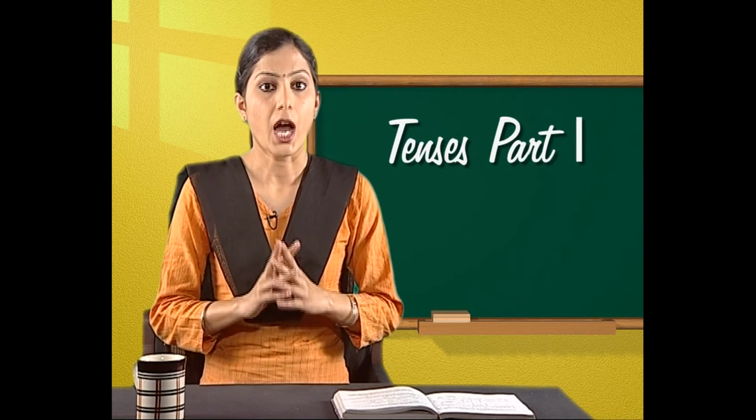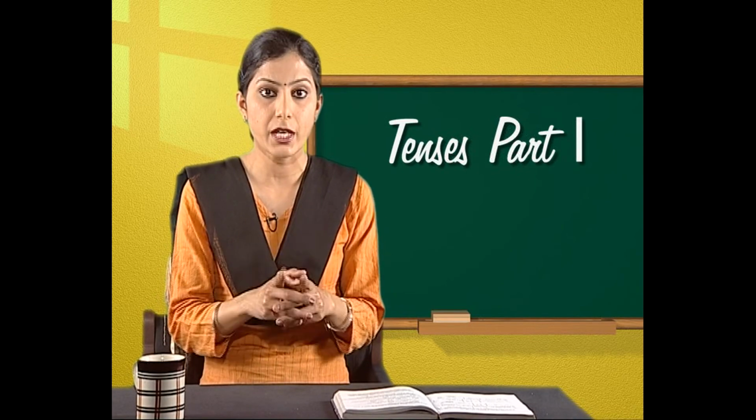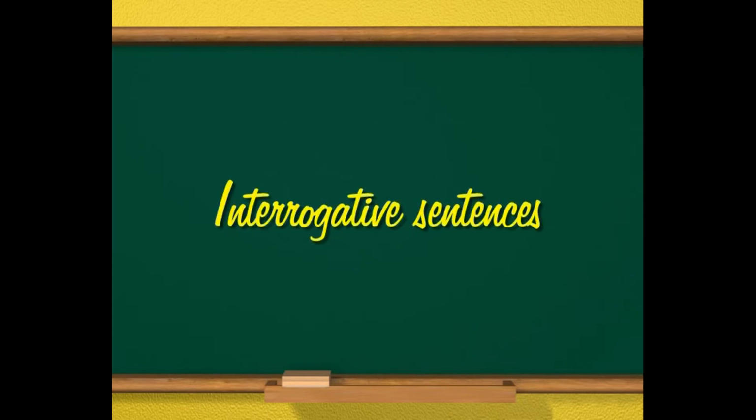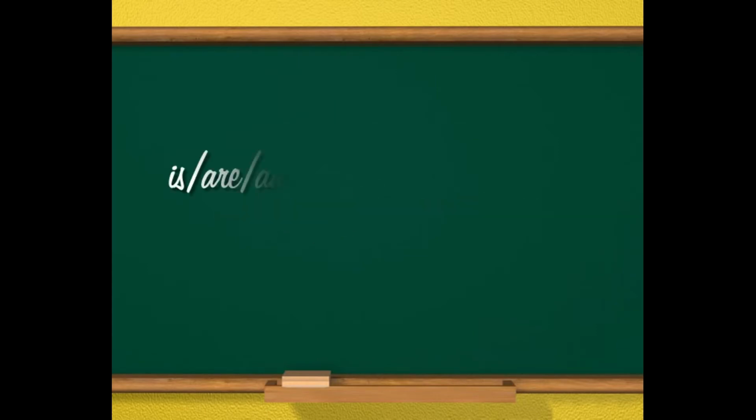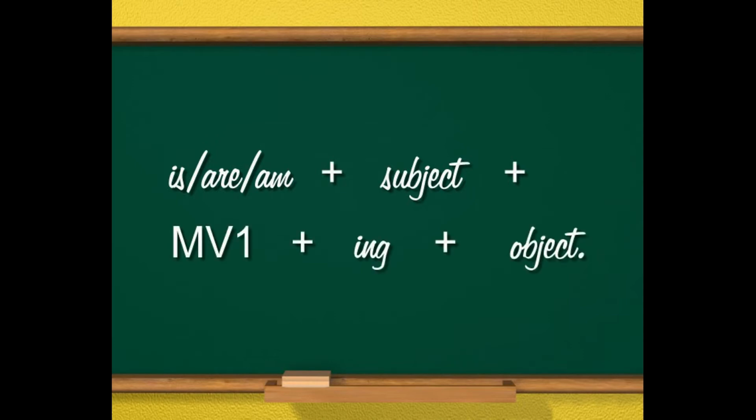Let's see how we can make these interrogative sentences. Interrogative sentences: is or are or am plus subject plus main verb 1 plus ing plus object.